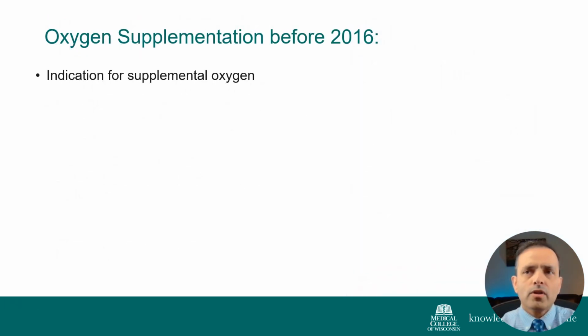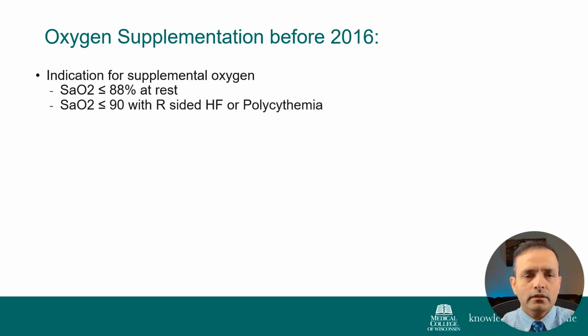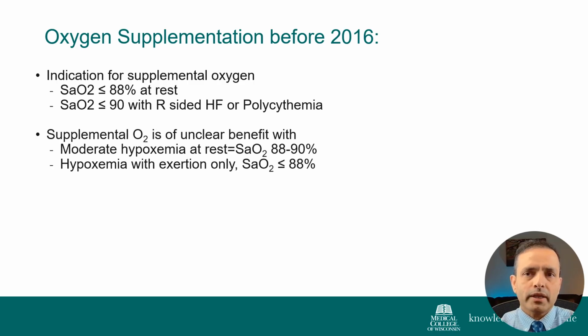So what about oxygen supplementation before 2016? The indication for oxygen was saturation less than or equal to 88, or saturation less than or equal to 90 with right-sided heart failure or polycythemia.